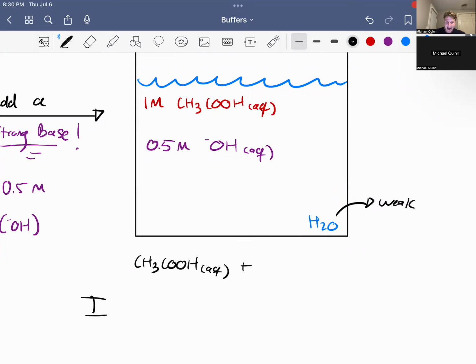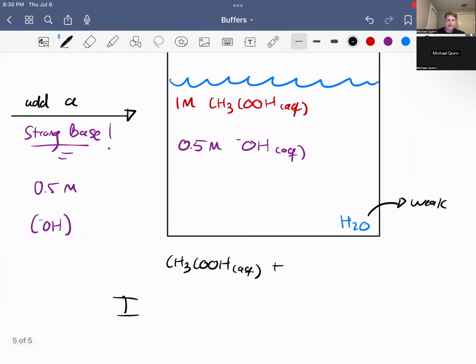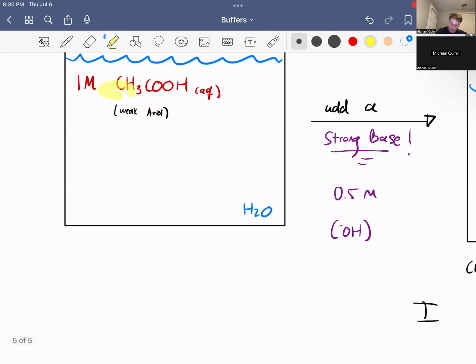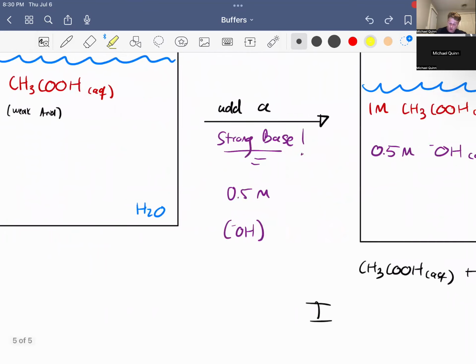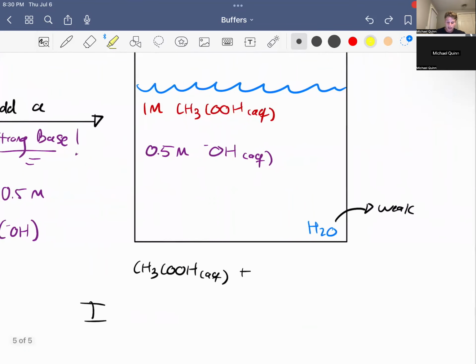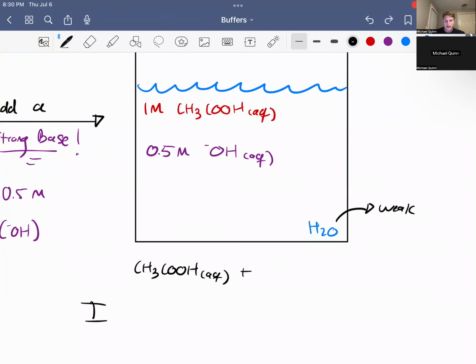So when we add a strong acid or base in a titration, you want to react your original species with the strong acid or base, because a strong acid or base takes precedent over our weak H2O. So what will happen here is we will react OH minus. It is the strongest base in our beaker, so it wants to react with that acid more than water does.